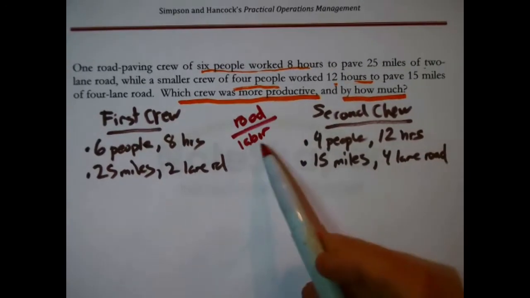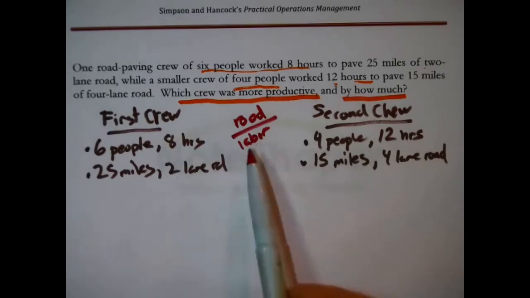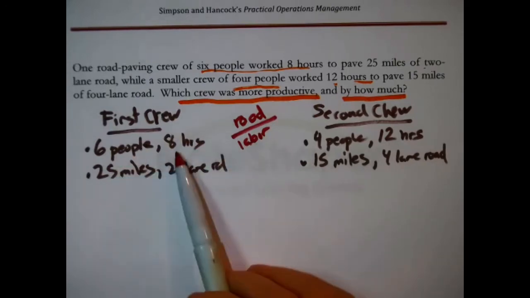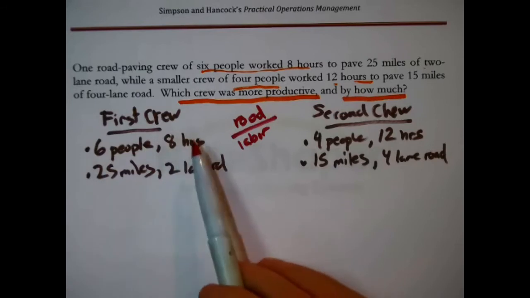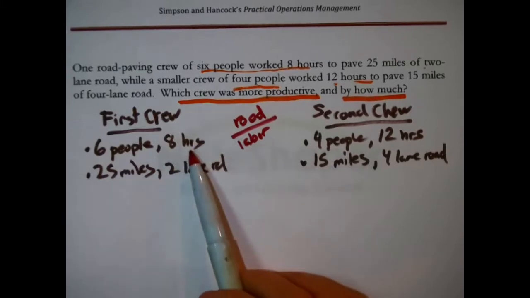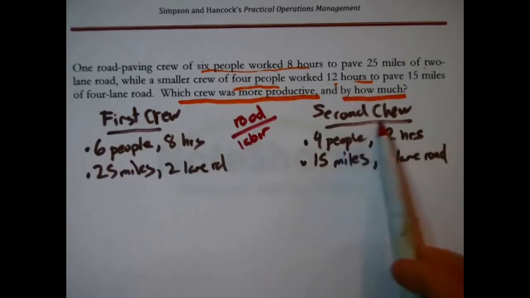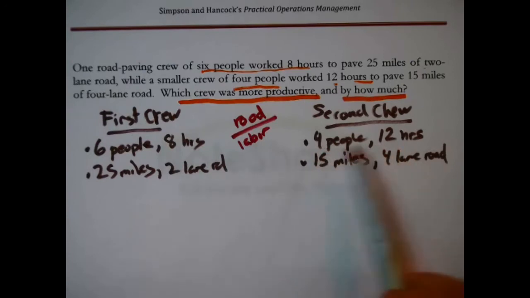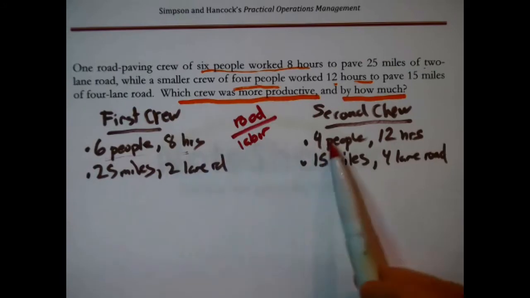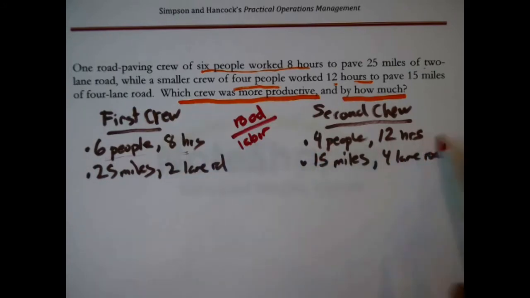In the case of labor, the denominator, 6 people, 8 hours is 6 times 8, 48 labor hours. Whereas, that's interesting, second crew, 4 times 12 is 48 labor hours. The 2 crews, in terms of payroll as an input, worked the same amount of time.